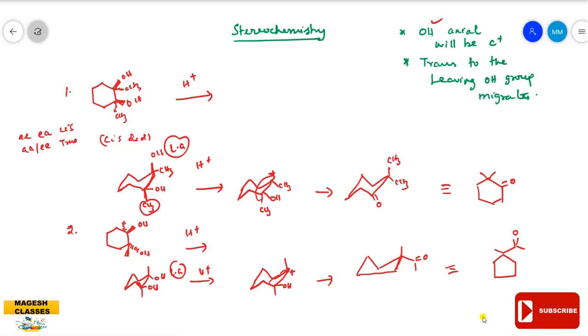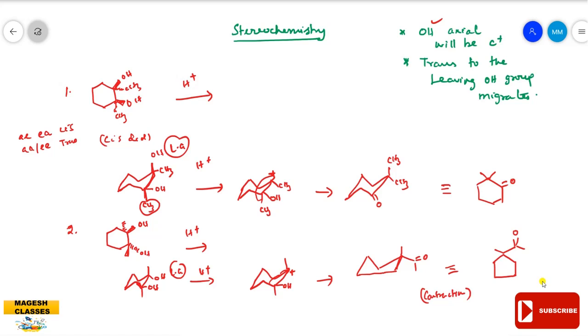Here what is the conclusion? The cis diol in Pinacol-Pinacolone rearrangement gives a product like this. And in the trans diol, there is no anti-periplanar trans group present, so the ring is contracted to give the 5-member product. Here the ring contraction takes place in the case of trans diol. This is very important for the competitive exams.